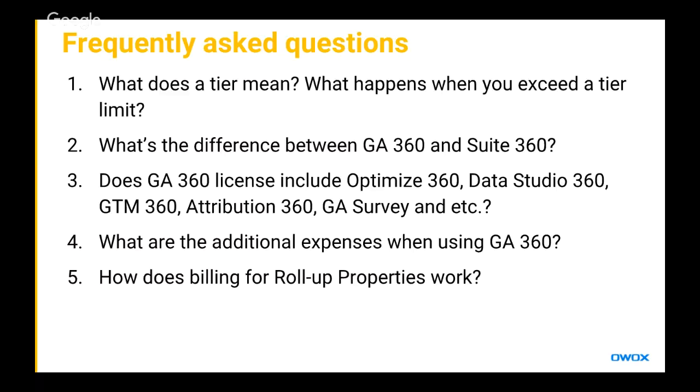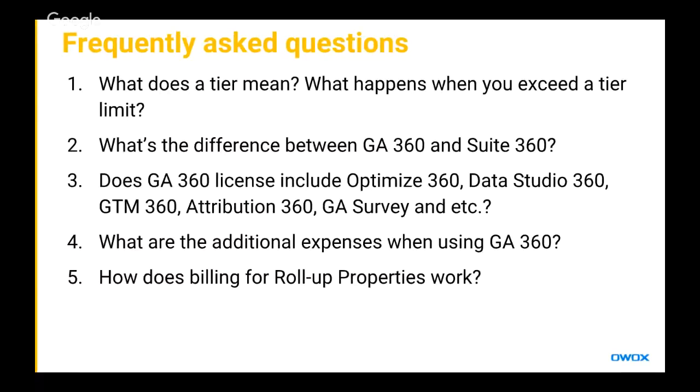So it lets you analyze the aggregated data from those source properties. Each hit processed in the rollup property is counted separately from the corresponding hit in the source property and is counted as 1/2 of a hit in the billable hit volume.